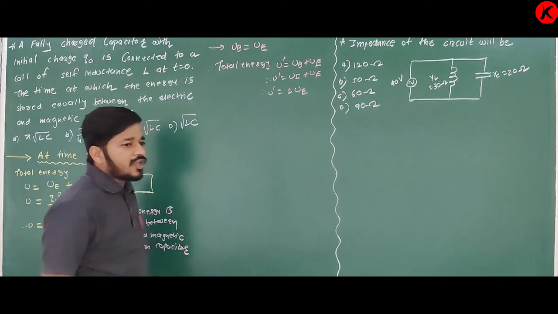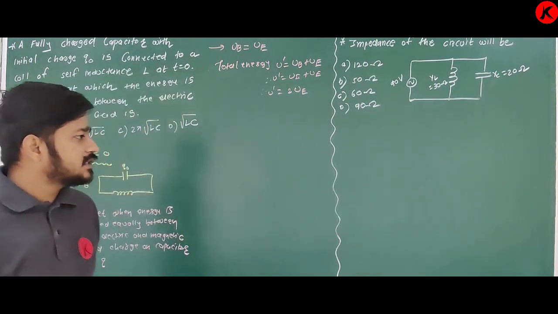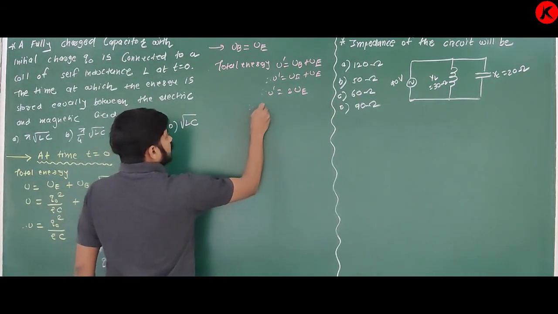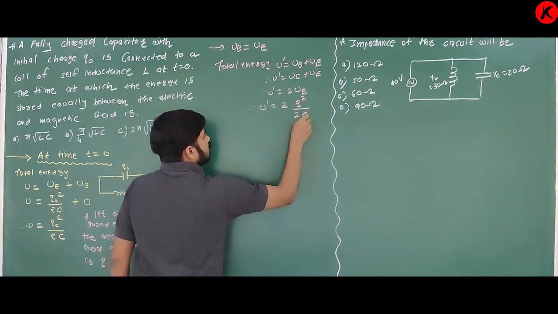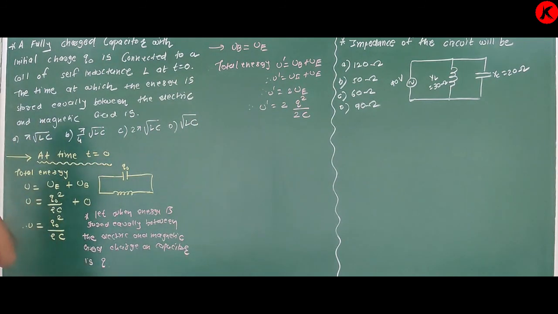UE means energy stored in capacitor, so U dash is equal to 2 times Q square upon 2C. Clear about this? Any doubt?